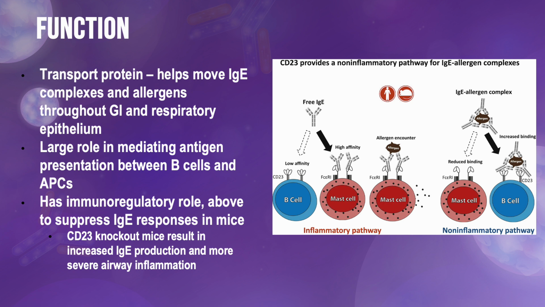But if it binds to the low affinity receptor on a B cell, this is going to be called a non-inflammatory pathway. This is going to sequester some of that IgE away, and therefore we can say that CD23 is a sort of immunoregulatory protein. And we see this experimentally because when we knock it out, mice tend to have increased IgE production and more severe airway inflammation as well.